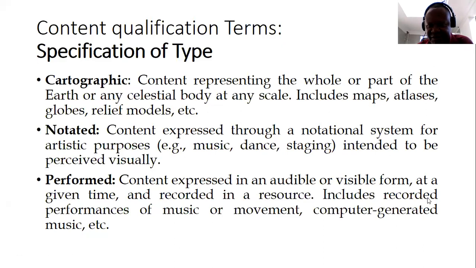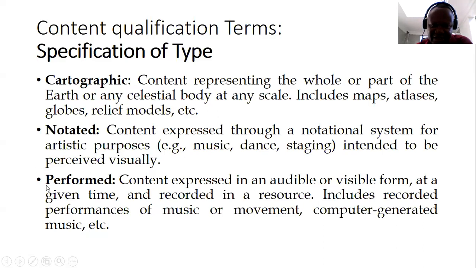It includes recorded performances of music or movement. It can also include computer-generated music, etc. So this is any content which is expressed in audible or visible form, more or less like audio-visual. There is audio and then there is the visual.